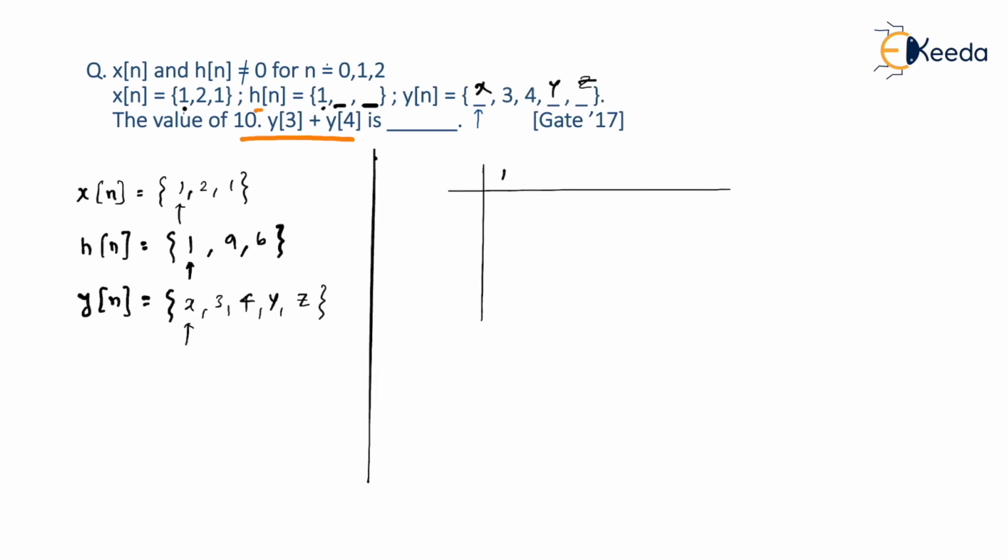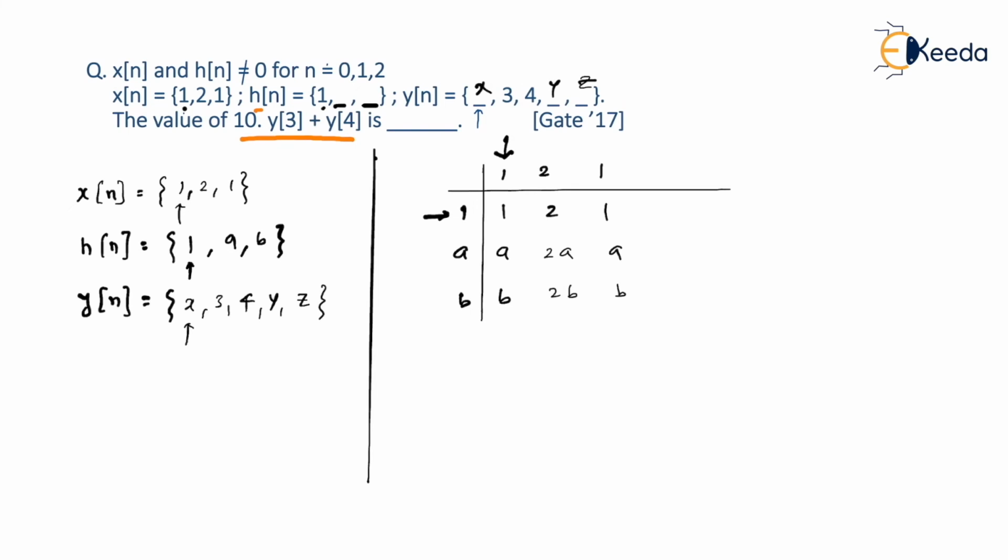So x of n is given as 1 2 1, then h of n is 1, a, b. Just go on applying the tabular method. You get 1 2 1 here, then a, twice of a, simply a, then b, twice of b, and simply b.